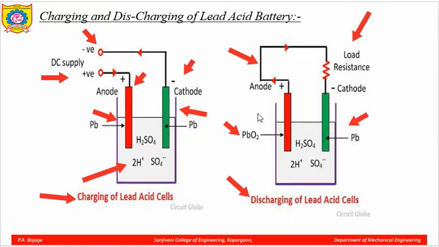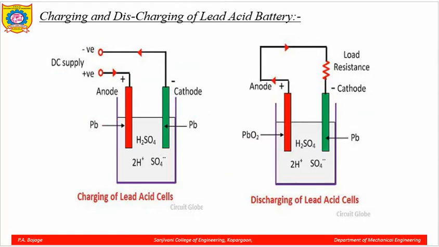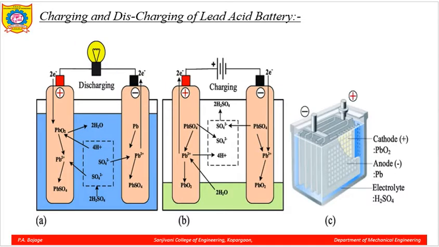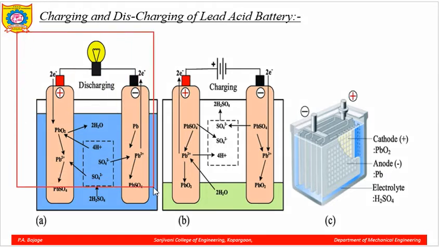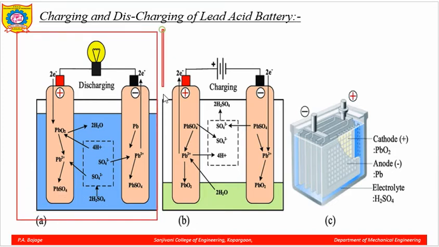Now where does this O2 come from? From the H2SO4 part, that is the electrolyte, and this is how the battery discharges. The details are shown in this diagram. You can see the same thing shown here. This is the discharging of the lead acid battery, and this is the charging of the lead acid battery.